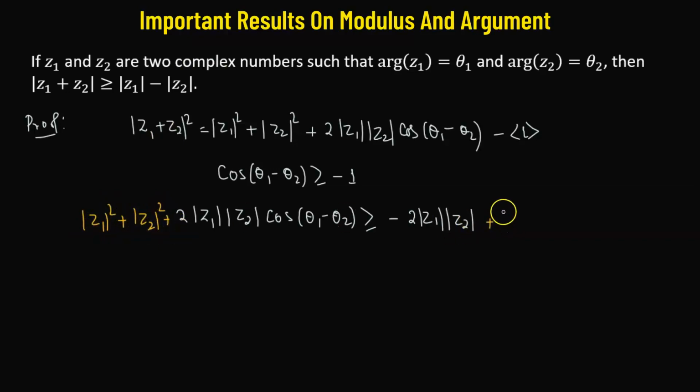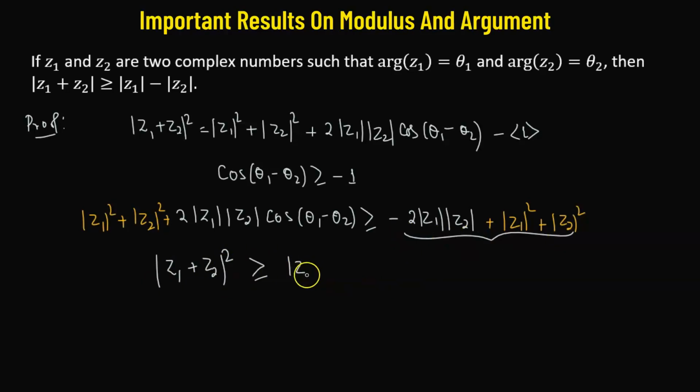Now using equation number 1, the expression on the left hand side can be expressed as absolute value of z1 plus z2 whole squared. So this is going to be greater than or equal to, and this particular expression can be expressed as absolute value of z1 minus absolute value of z2 whole squared.